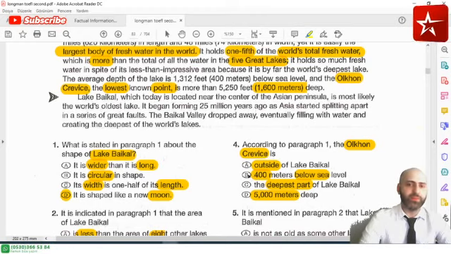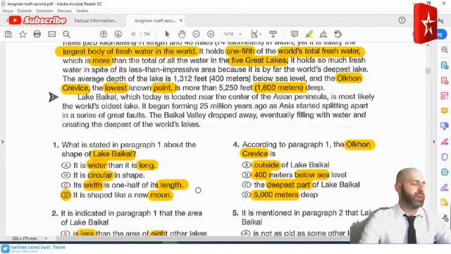I said B is incorrect and D is incorrect. What do you think, guys? A or C should be the answer for this question? I'm waiting for your comments. A or C? Which one is the correct answer for this question?